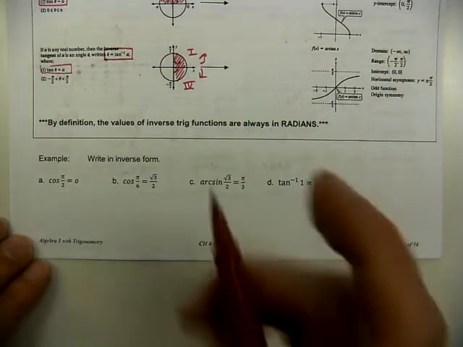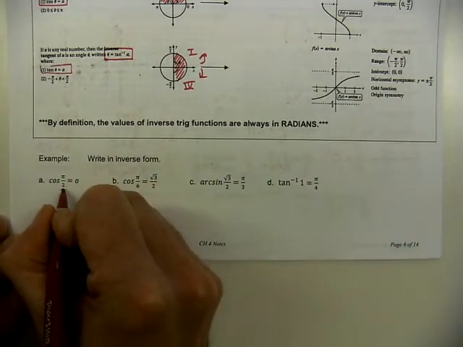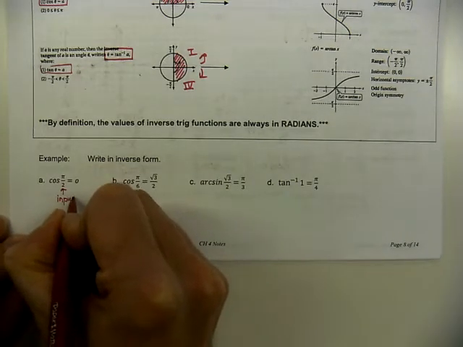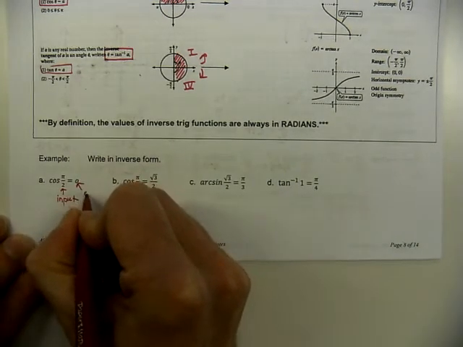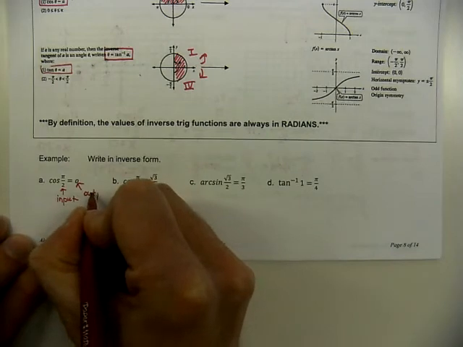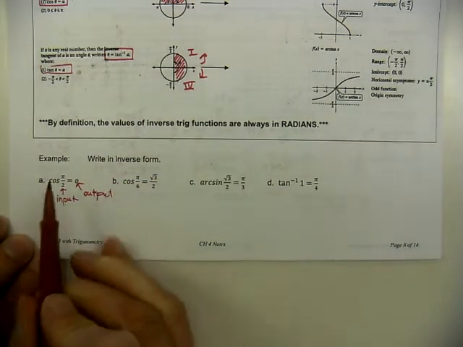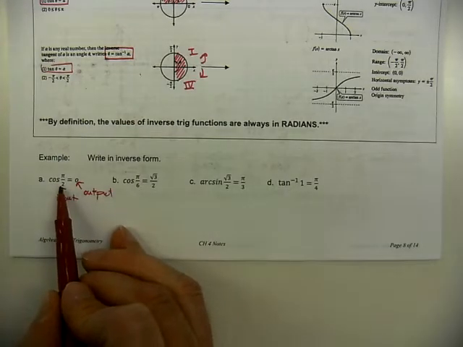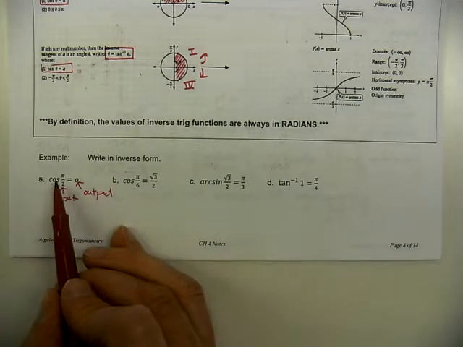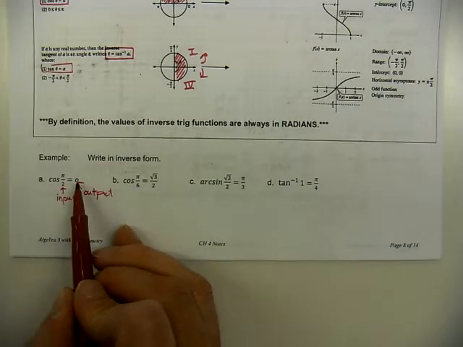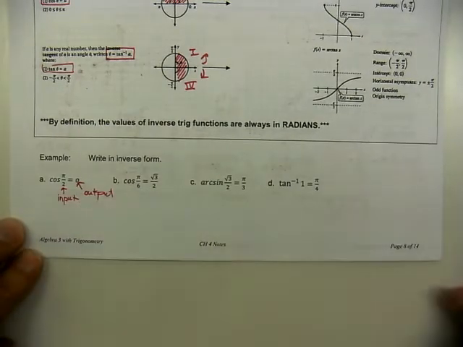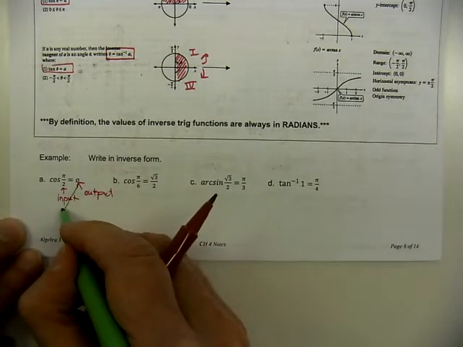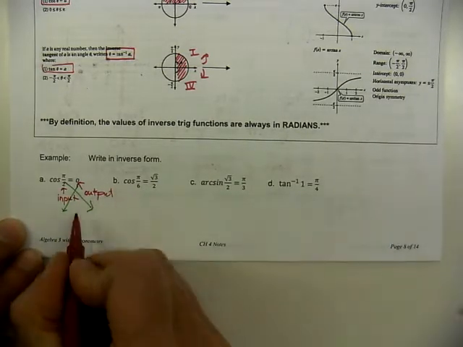All right, so here you have an input, right? There's your angle of rotation on the unit circle, and there's your output. So what we're saying is, on the unit circle, cosine is paired up with the x-coordinate. So when I rotate to pi over 2, I'm at the top of my unit circle, and the x-coordinate that I find at pi over 2 is 0. Now what we do when we write the inverse is we exchange the input with the output.